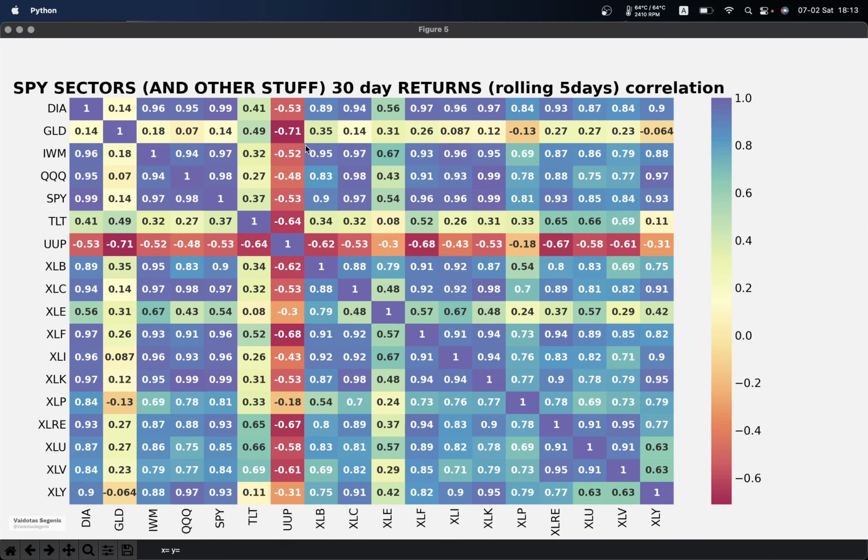So what is the difference? Daily returns are quite easy to understand. It's today's return compared to where the asset was yesterday. But I like to compare the rate of change over the last 5 days.